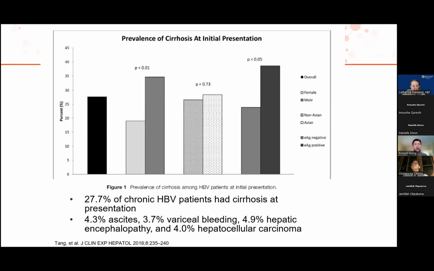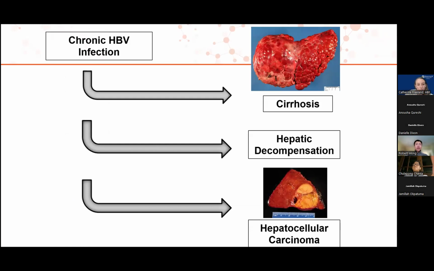If you catch patients early, implement treatment effectively, you can prevent disease progression to cirrhosis and liver cancer. And this is just to highlight those complications that we try to prevent: cirrhosis, decompensation, and liver cancer. And it is preventable with effective viral suppression with current antiviral therapy.